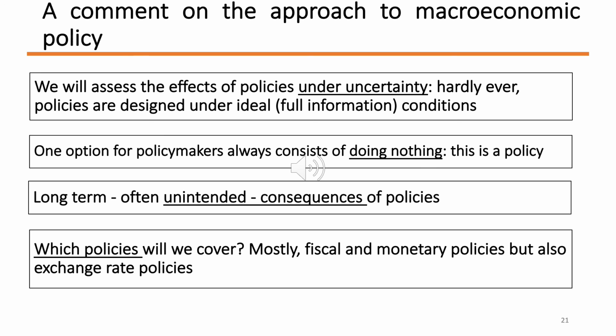So indeed, a well-intended policymaker may want to increase the level of output in the economy by injecting more and more money into the economy. Well, over time, if this is a consistent policy, there will be inflation expectations. Inflation will be higher. The purchasing power of income will be much lower, and people will be worse off. This would be an example of an unintended consequence of a policy. So that's something you very much need to remember.